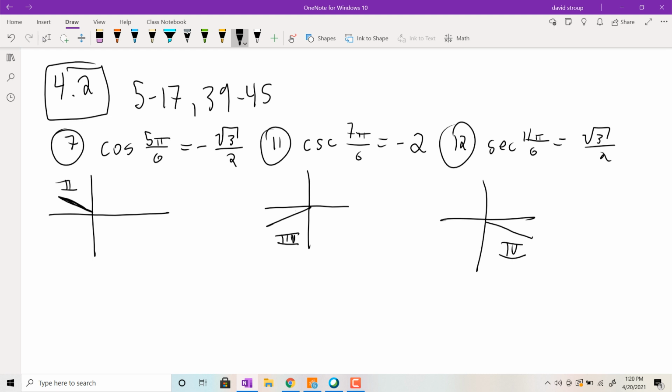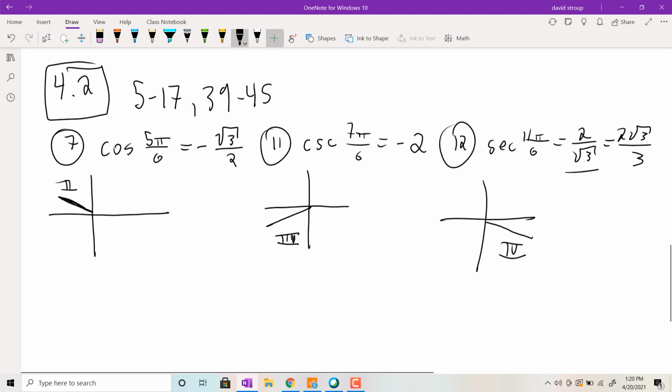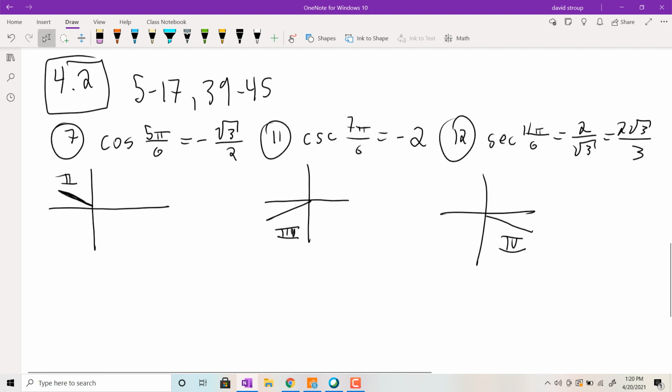Oops, and it should be upside down, because that would have been cosine. We want secant. So 1 over root 3 over 2, so it would be 2 all over root 3. Or if you would rather, 2 root 3 over 3. Either answer is fine on the test. If you'd rather just leave it without a rationalized denominator, that's quite all right.